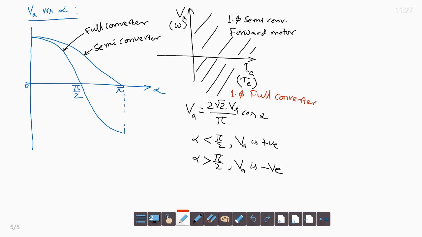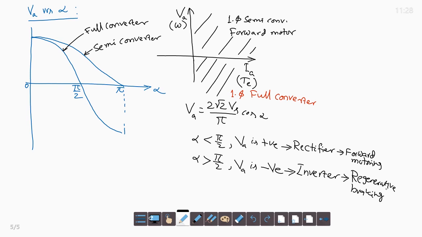So when alpha is less than pi by 2, voltage is positive, it corresponds to rectifier operation, rectifier mode of the converter. So it gives only forward motoring like single phase semi converter. When alpha is more than pi by 2, the converter operates in the inverter mode, and when the converter operates in the inverter mode, regenerative braking is possible.